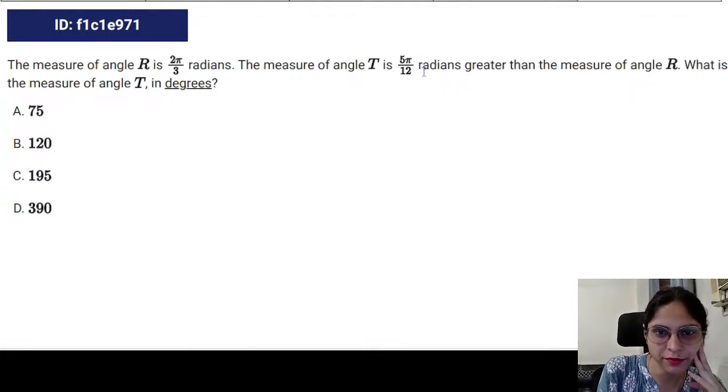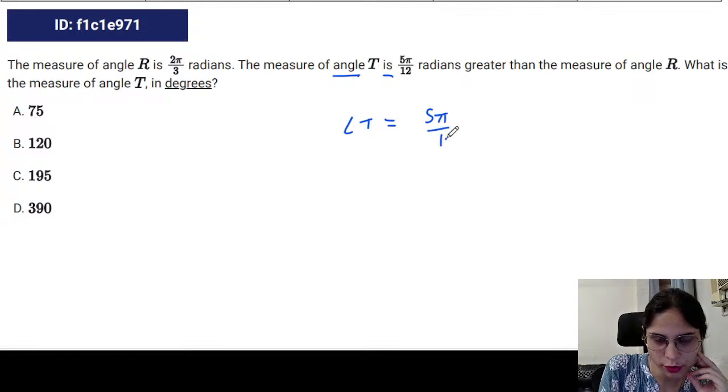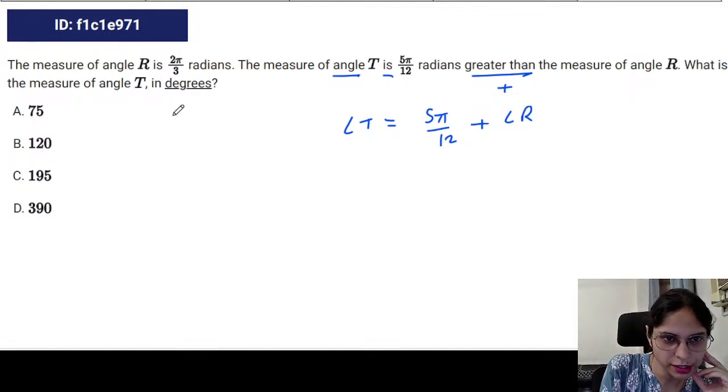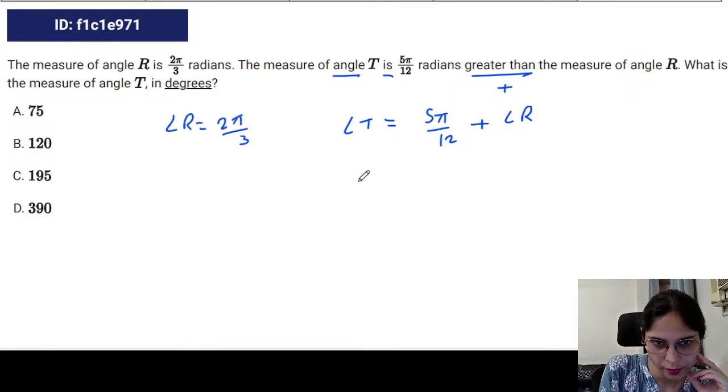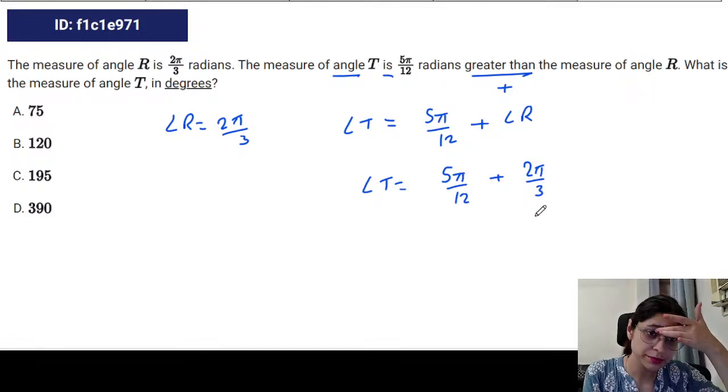Angle T is 5 pi over 12 radians greater than measure of angle R. So that means angle T is 5 pi over 12, greater than means plus angle R. And angle R is already given to us as 2 pi over 3 radians. So angle T is 5 pi over 12 plus 2 pi over 3.